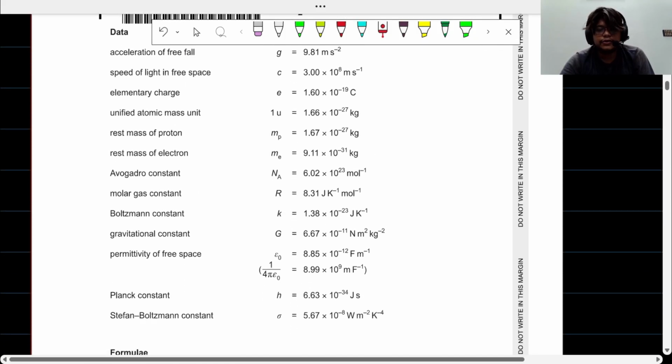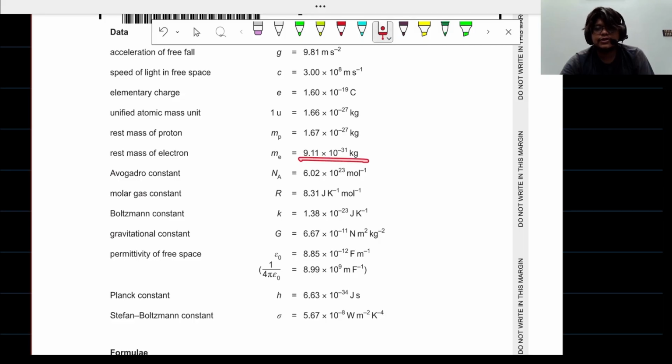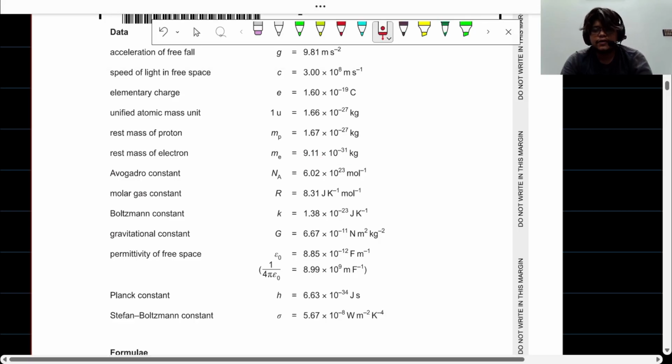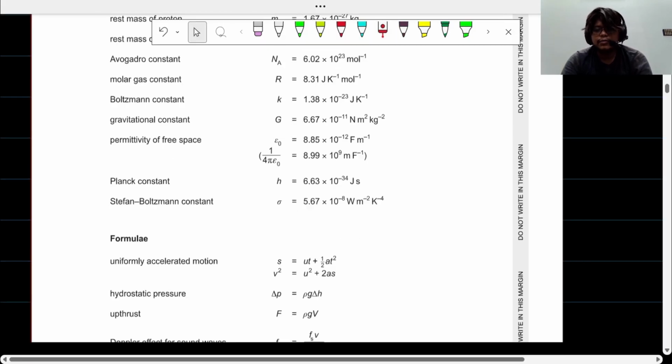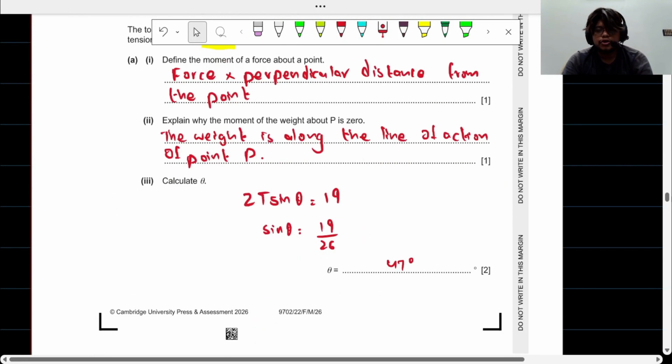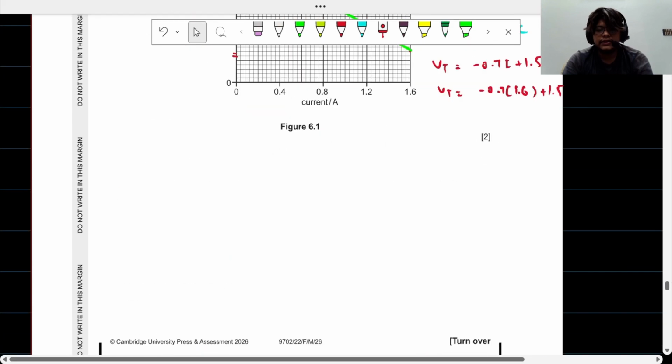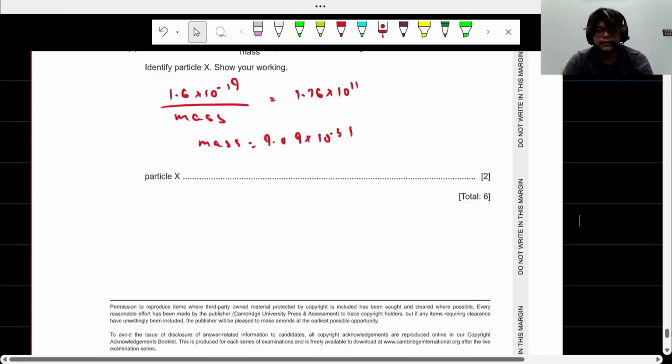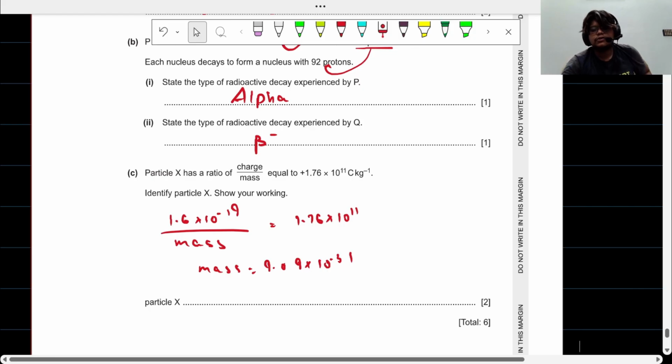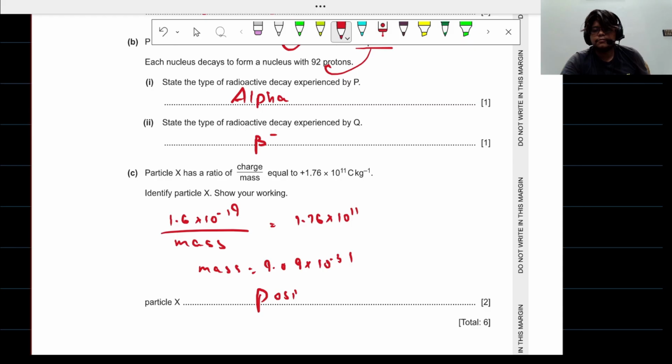The electron has 9.11 times 10 to the power minus 31. And the mass that we got here is also around the same order. So we can say on the basis of these results that this would be a positron, right? We got 9.09, that is 9.1. So we could say this is a positron.